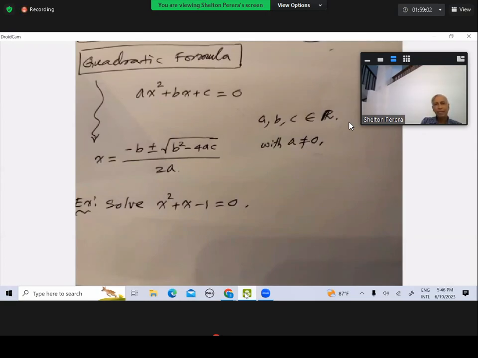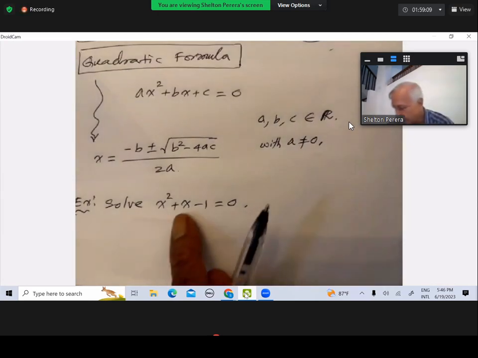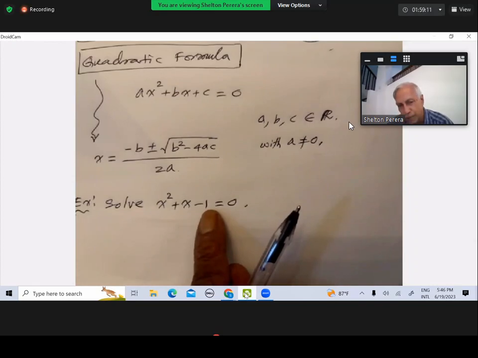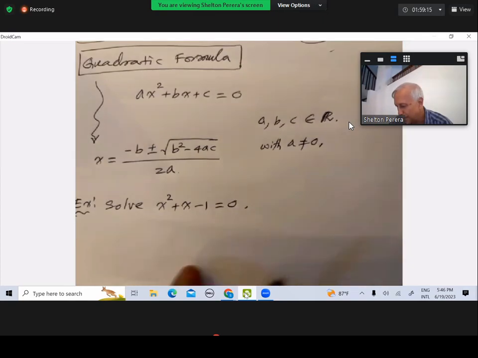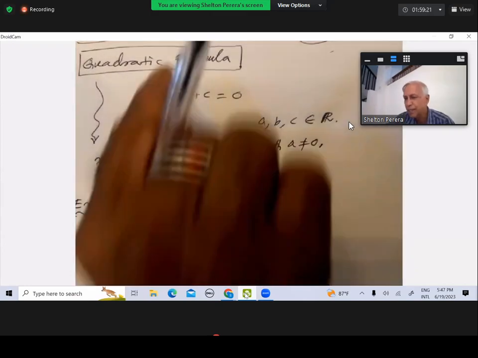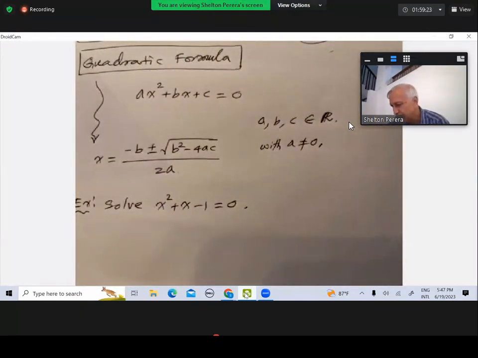It doesn't factor. You can try. It doesn't factor nicely, not like x squared plus 3x plus 2. Here, you can try opening the brackets and you immediately realize nothing works. So how do you solve it? It's not a square.